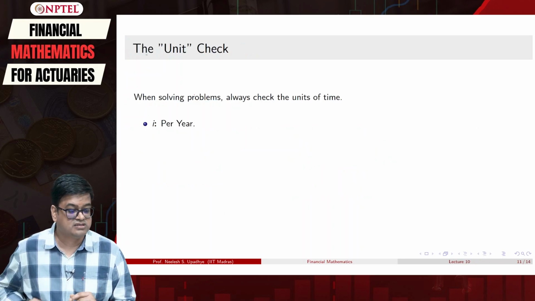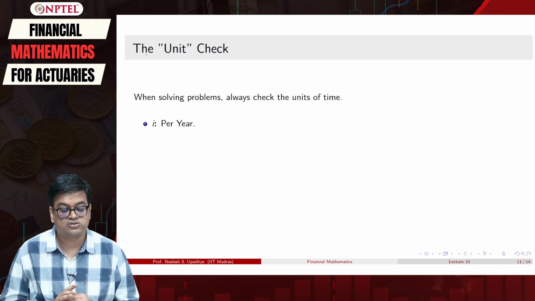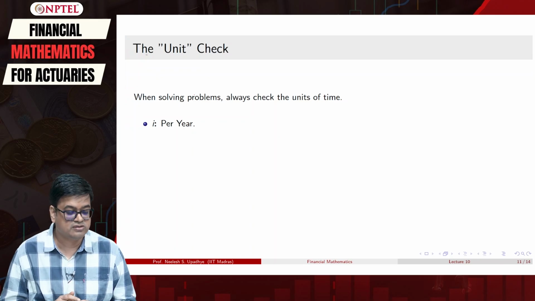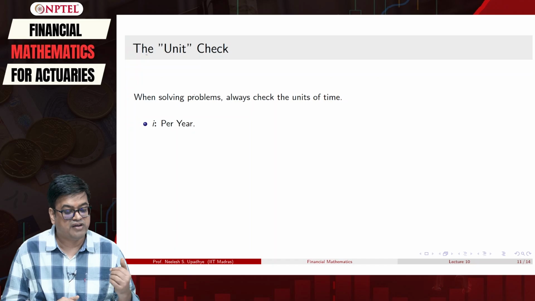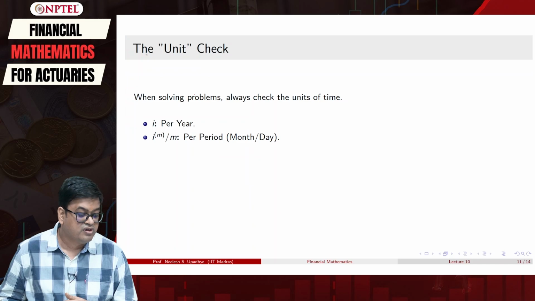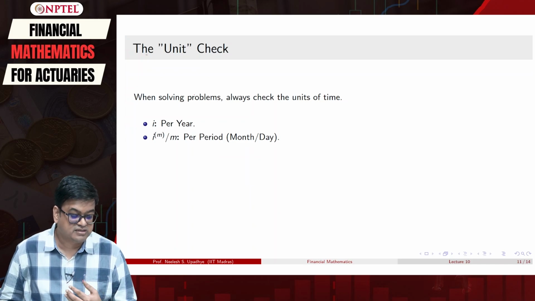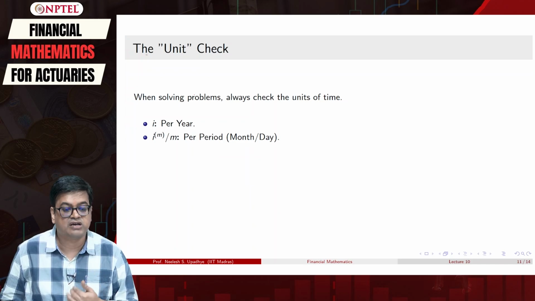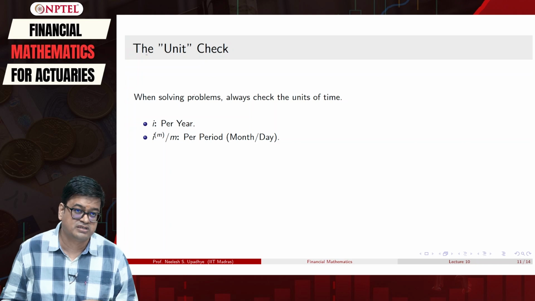First is the unit check. While solving the problems, you should always look at the units for which the interest is given. If you have effective interest rate i, it should be given per year. If you have compounded interest, which is given with a compounding frequency m, then you will have per period interest. It can be in months, days or hours, but per period is very crucial.